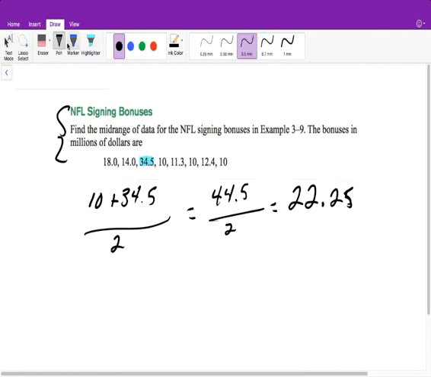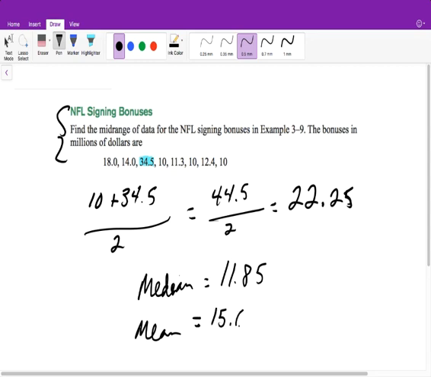So if we were to find our median and our mean of this information, the median was equal to 11.85, and the mean is equal to 15.025. Because we have this one outlier here, it's telling us that maybe our mid-range won't give us a very good estimate of our data.